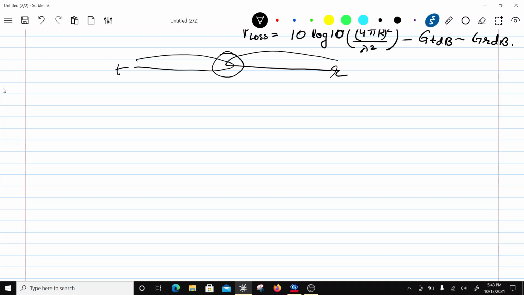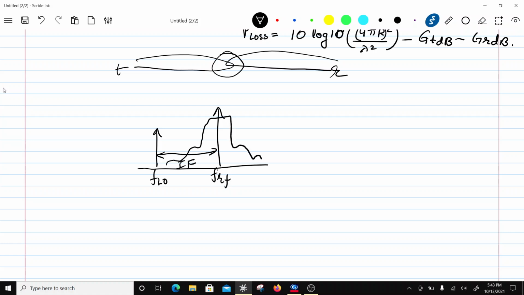So let's say we have a frequency which is FRF, and then I do a low side injection which is LO, right? And this gap of frequency is called the IF frequency. This is for a heterodyne case, right? Now let's say I put in a filter here which is doing something like this. So this is an elliptic kind of filter, right?